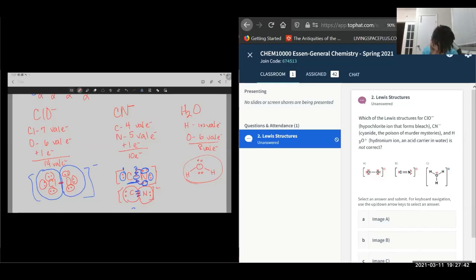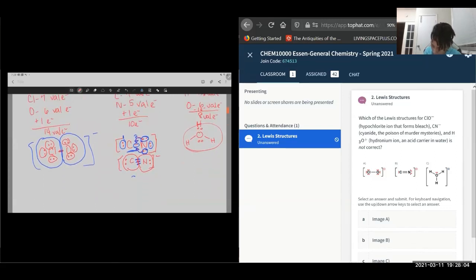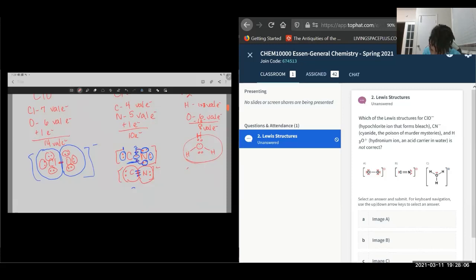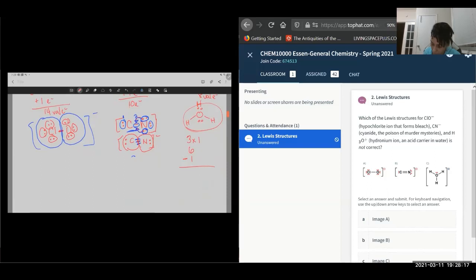So 1 times 3, that gives 3, and then oxygen has 6, so 3 plus 6 is 9, minus 1 is 8 valence electrons.